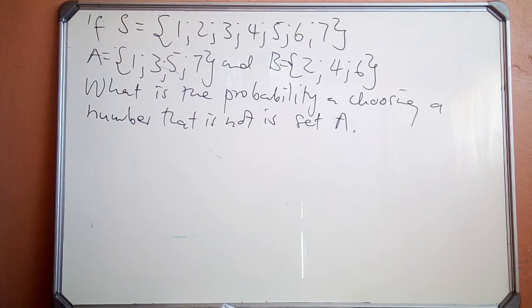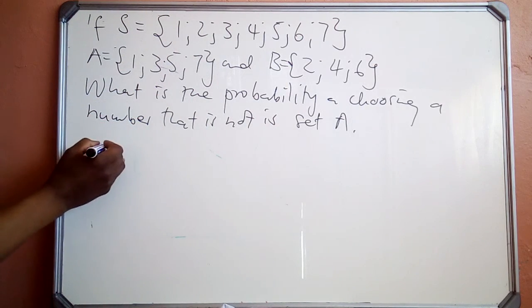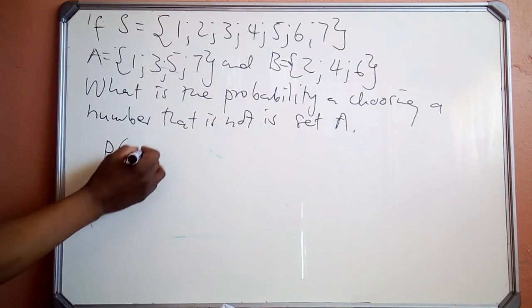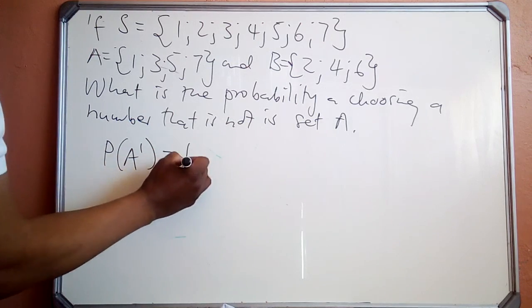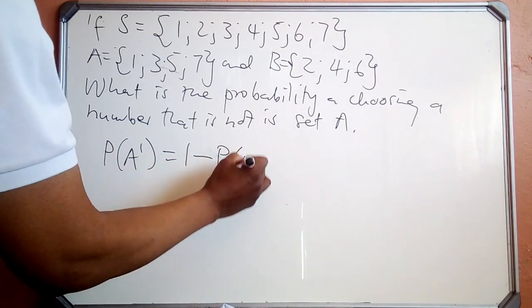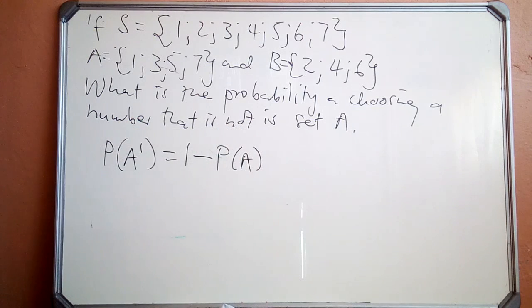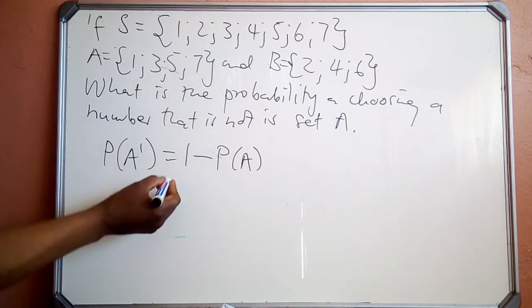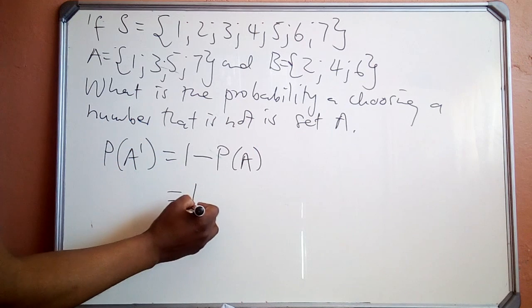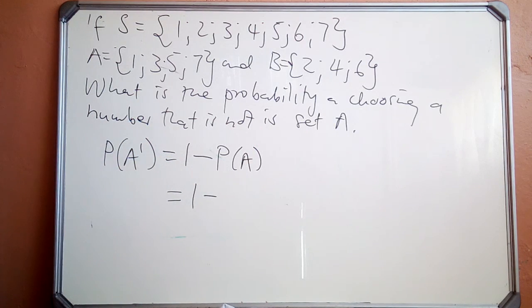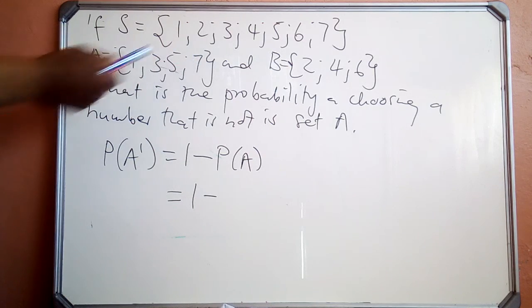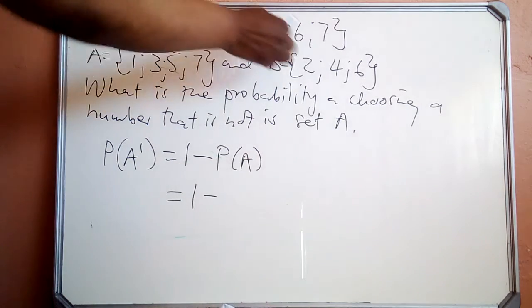Remember what we just said. The probability of a number that is not in set A is equal to 1 minus the probability of set A. So substitute: what is set A? 1, 2, 3, 4. There are 4 numbers there, and the total is 7.